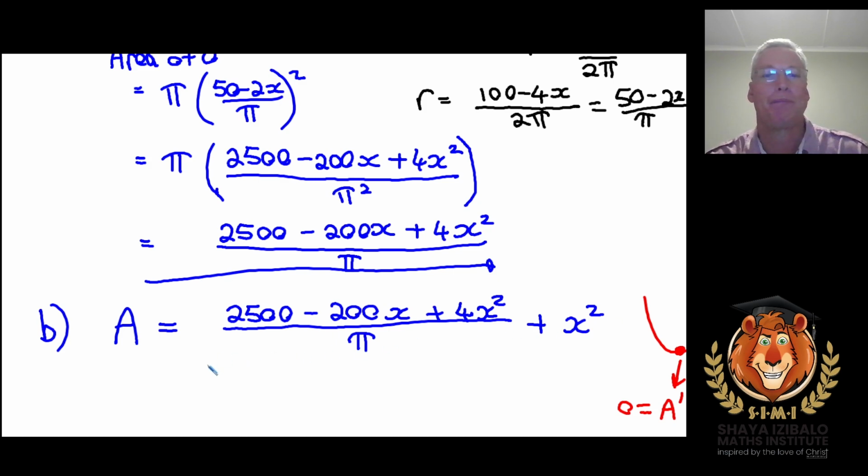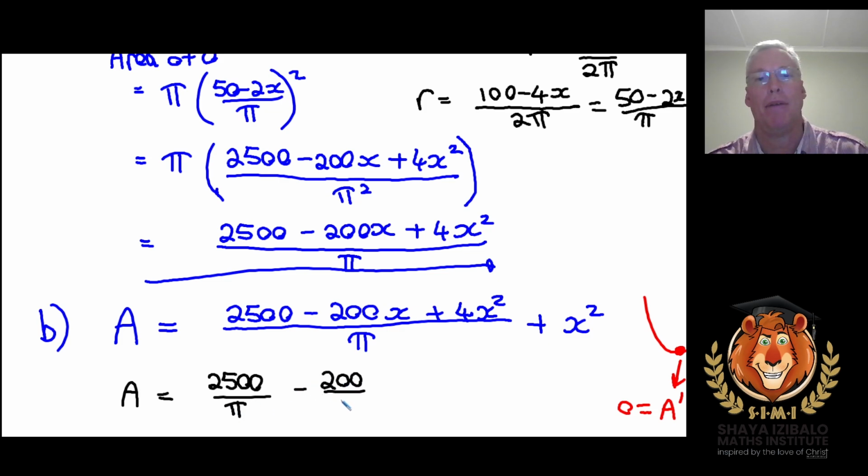Okay, so now let's differentiate it. A dashed is going to be, now this, I'm going to break it up into, this is going to be 2500, sorry, I'm not going to differentiate it yet. I'm going to get it flat first. A is going to be 2500 over pi minus 200 over pi times x plus 4 over pi times x squared plus x squared.